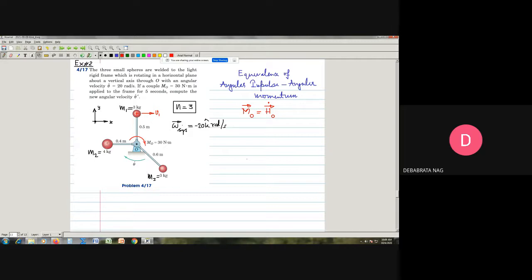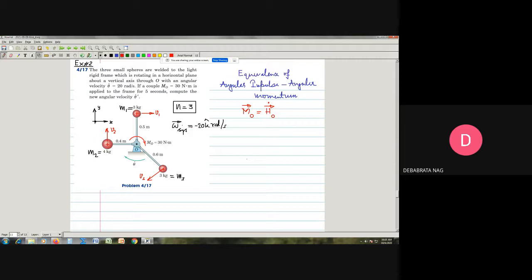Then the velocity of the second mass m2 will be like this, that is going to be our v2. We can say this is m3, and we can show the velocity vector of the third mass, which is going to be perpendicular to this arm and consistent with the sense of rotation. These will be your velocity vectors.